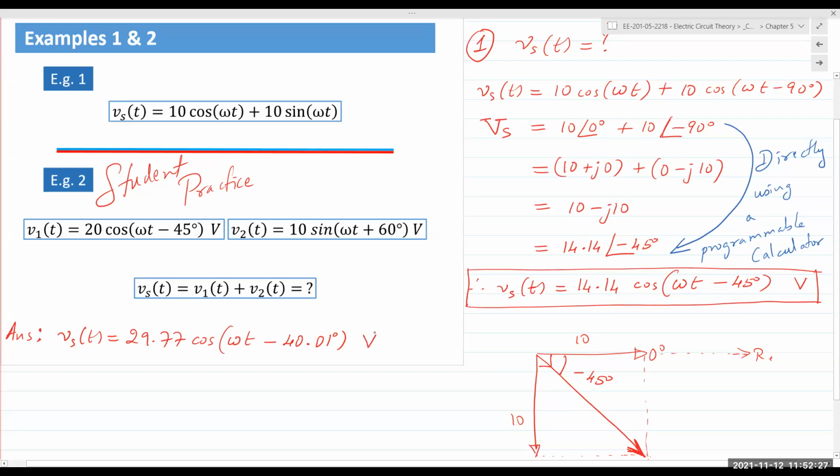Exact same manner, exact same procedure. Here the phasor is 20 with the angle of minus 45. Here it would be 10 with the angle of minus 30. Right, 60 minus 90 gives you minus 30. You have two complex numbers in polar coordinates. Add them up. And that's it.